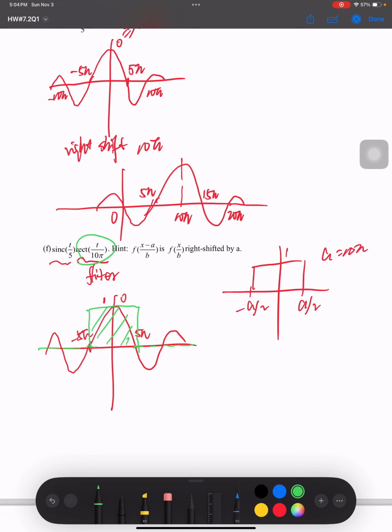It looks just like this, because only this part exists eventually. All the others are multiplied by 0, so they equal 0. So this is minus 5 pi, and this is 5 pi, and there's 0. So that's the answer to this question.